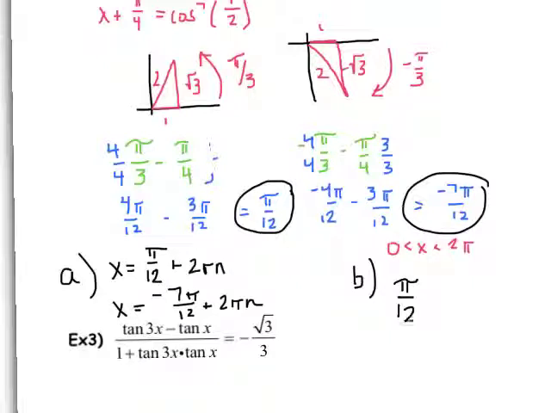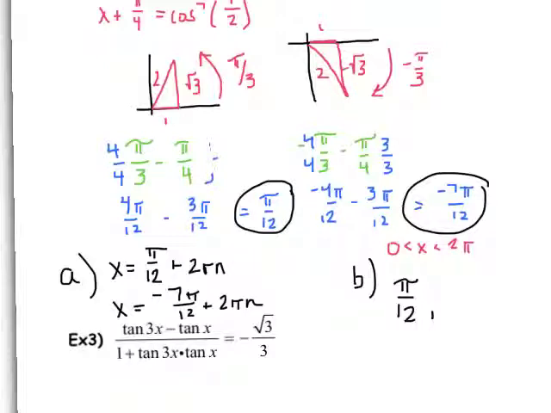Now if you take anything and add 2 pi to it, won't it be greater than 2 pi? So yes, it will. It'd be 2 pi plus pi over 12, which is greater than 2 pi. So this is my first one, and I don't need to find another one from this equation. But now if I go down to this equation, since it's negative, I can't really start with that.